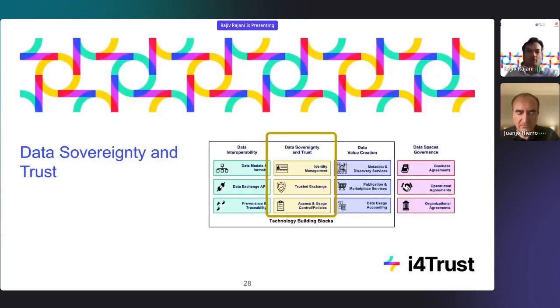Yes. Good morning, everyone, and very warm welcome to the second round of the mentoring program. Of course, Juanjo already gave the introduction, so let me continue quickly on to the second pillar of the building blocks that we are talking about. That is mainly about data sovereignty and trust, which is key in order to enable data sharing between organizations.